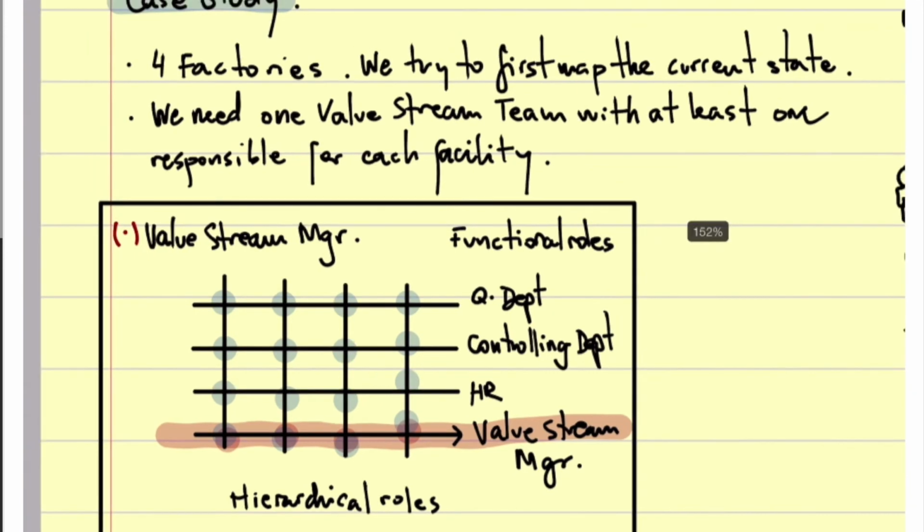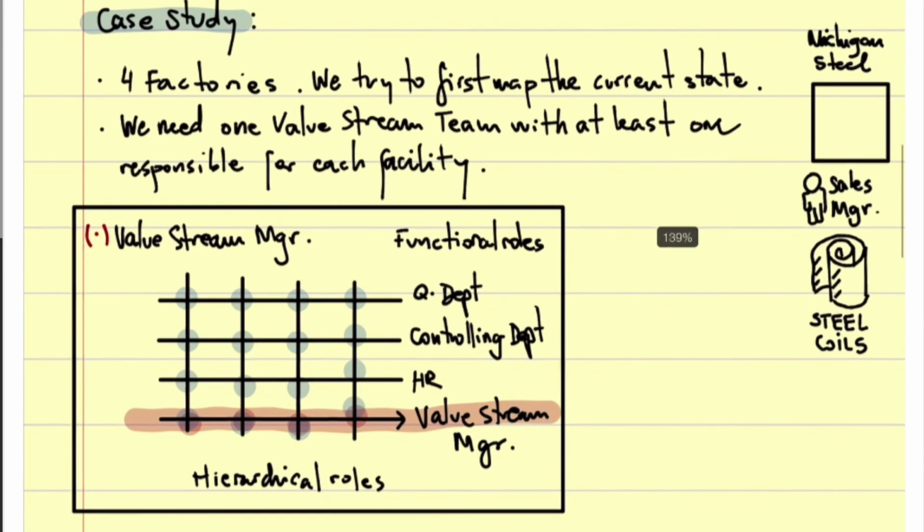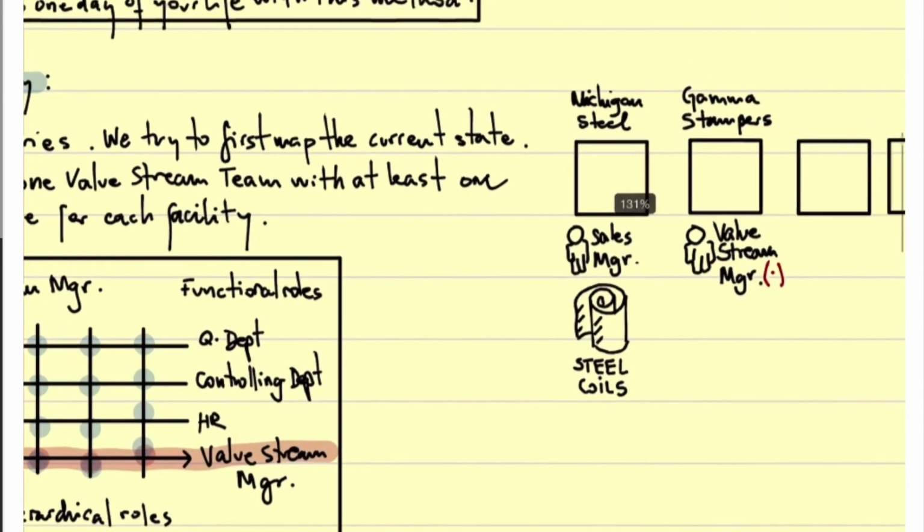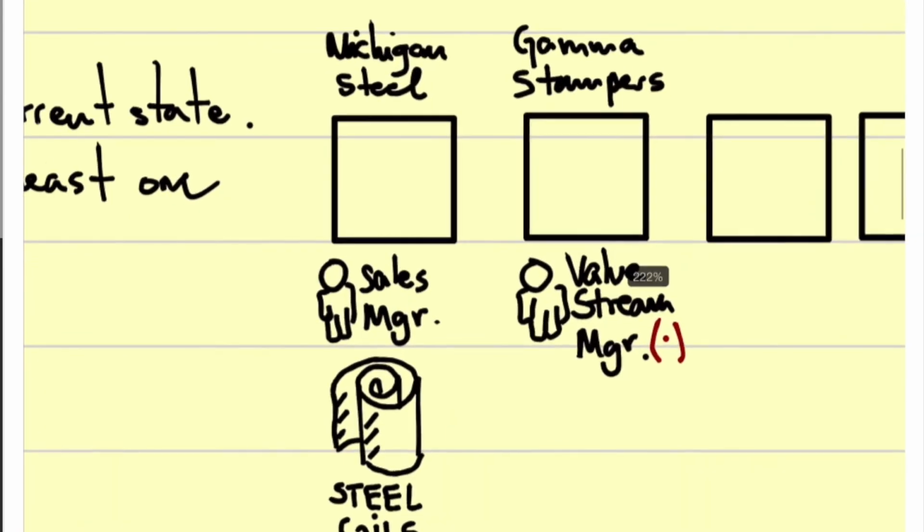Okay, is it understood? Yes, makes sense. So as I said, if you start in an organization and you can get a value stream manager role, make sure you accept it. So once you get the coils, you get to stamp them. So you get some metal parts.